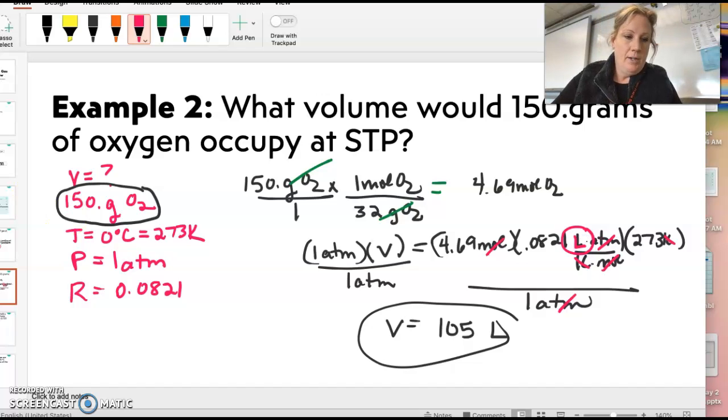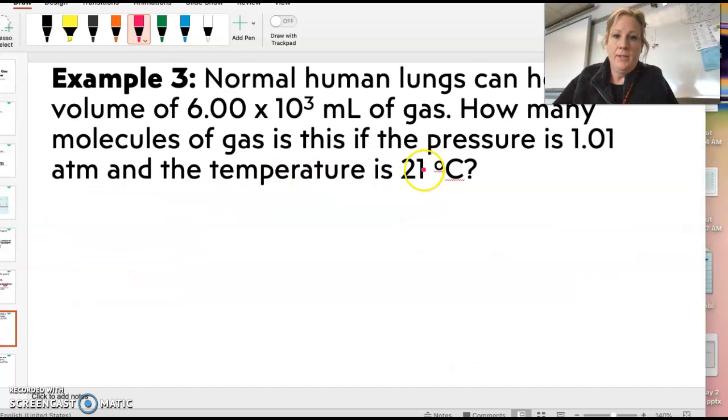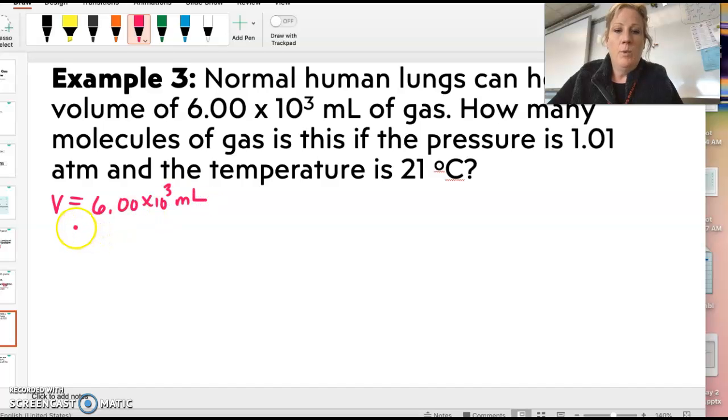All right, I've got 2 more examples. This one says normal human lungs can hold about 6 times 10 to the 3rd milliliters of gas, and we're being asked for the number of molecules.